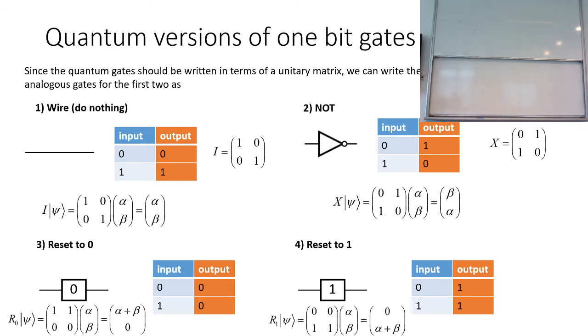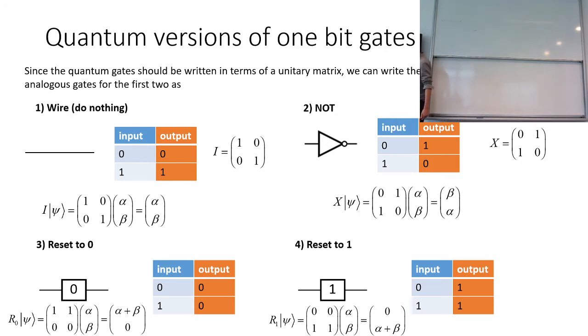For the quantum versions, we're going to have some arbitrary input qubit, alpha and beta, and we can certainly make the quantum version of the do nothing. That's just the identity matrix, so alpha beta becomes alpha beta. Okay, certainly do that.